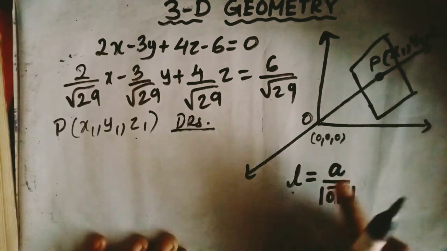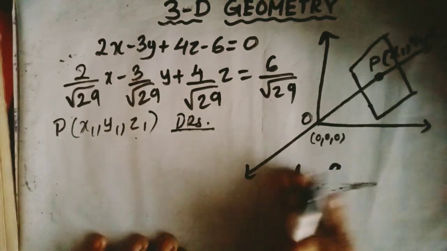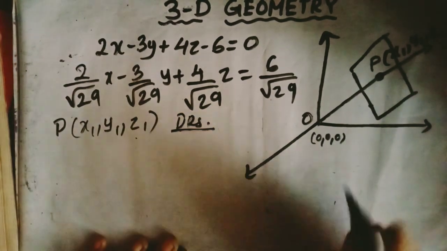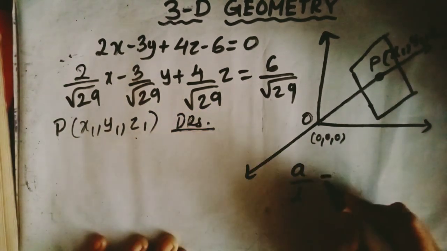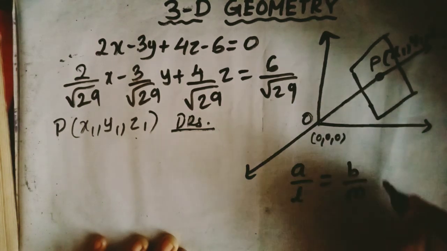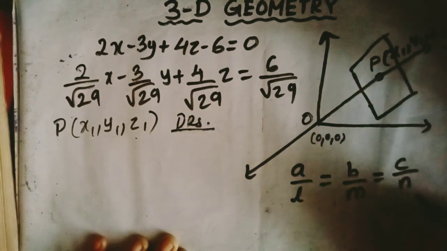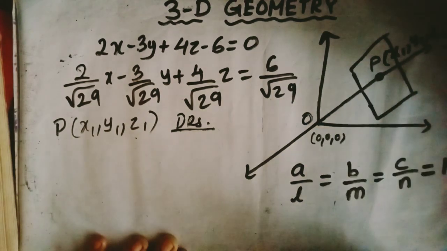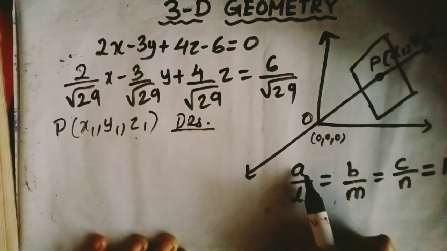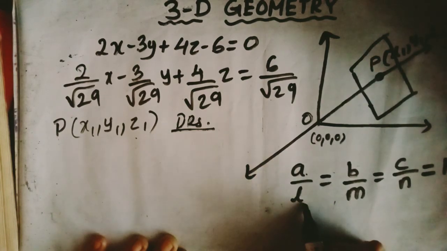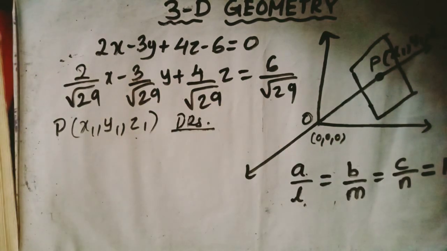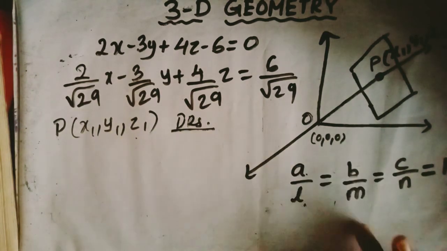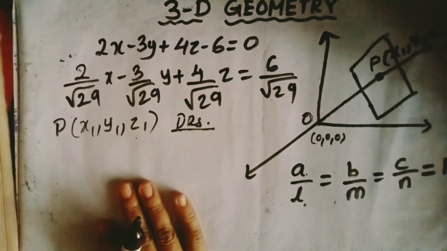Okay, so if we take this L this side, A upon L, B upon M and C upon N, then this is equal to some constant, right? So direction ratio upon direction cosine, that is they are proportional and it is equal to some constant. So this condition we are going to use here.